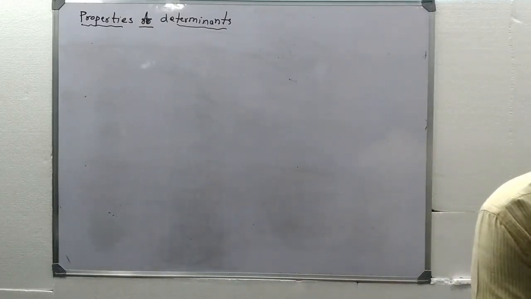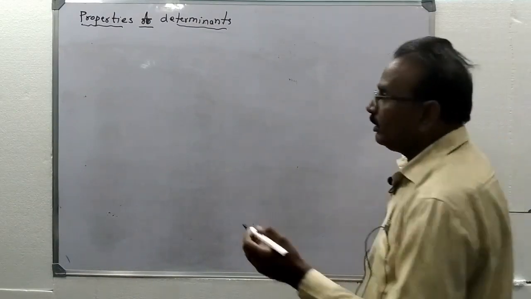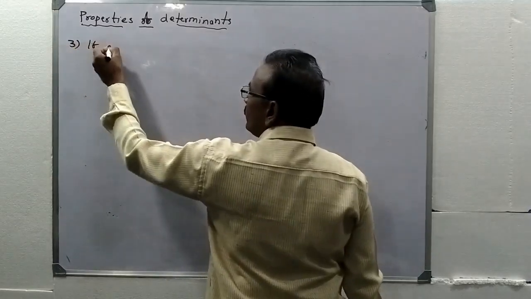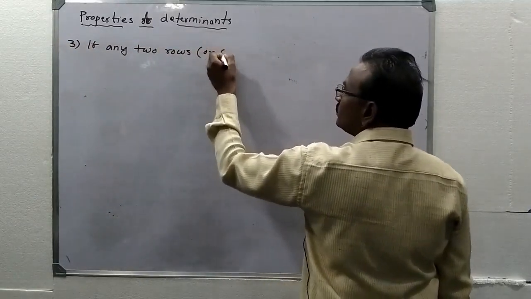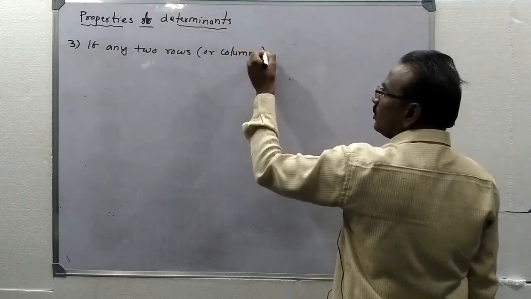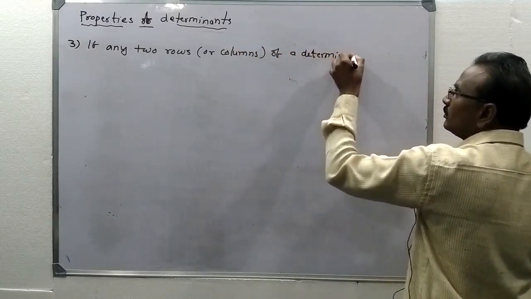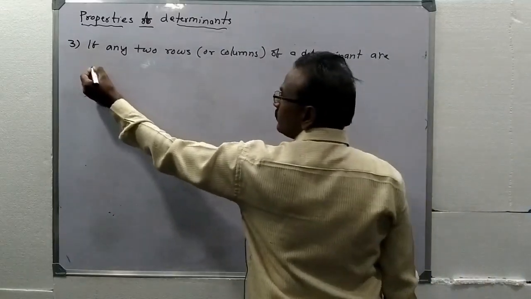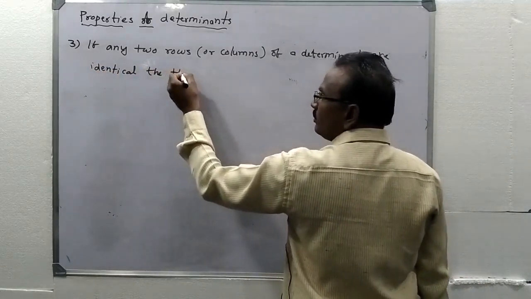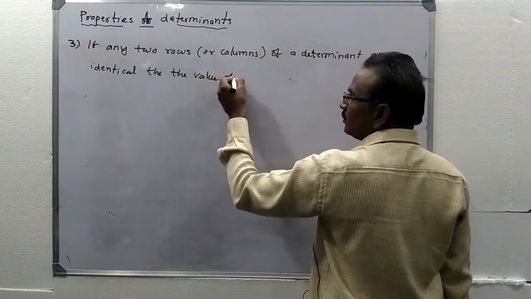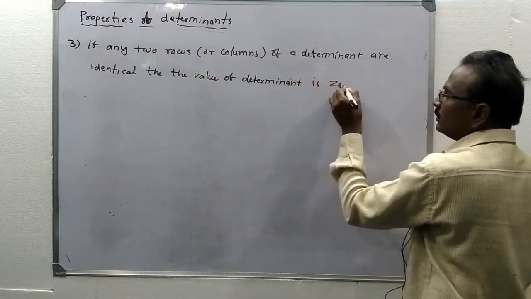Property 3, if any two rows or columns of a determinant are identical, then the value of determinant is zero.